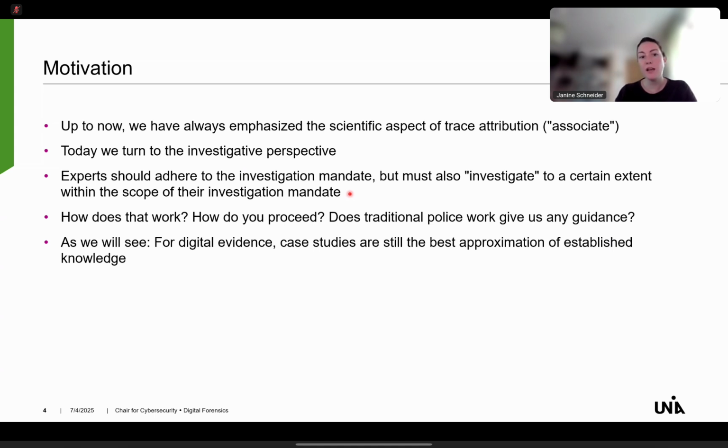And how does it work? How do investigators proceed? And the question is, what can we learn from traditional police work? Can it give us any guidance? This is what we want to discuss today. And we will also see that for digital evidence, case studies are still the best approximation of the established knowledge.